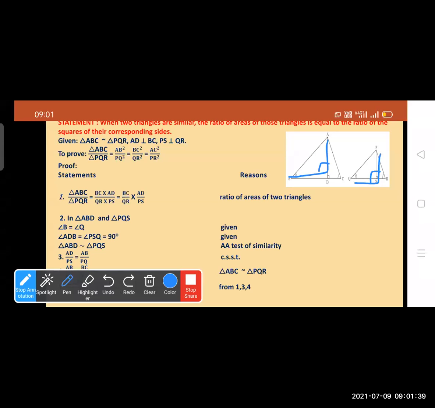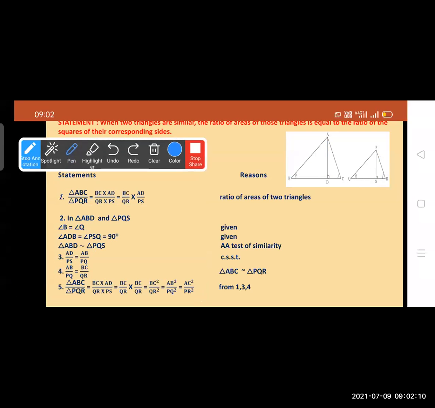That means we write B is equal to Q and ADB is equal to PSQ, so each 90 degrees. So from this given condition, we say that triangle ABD is similar to triangle PQS by AA test of similarity. Okay, means first we write the ratio of area of two triangles, then we take the left side two triangles and we show similar by using the given condition.